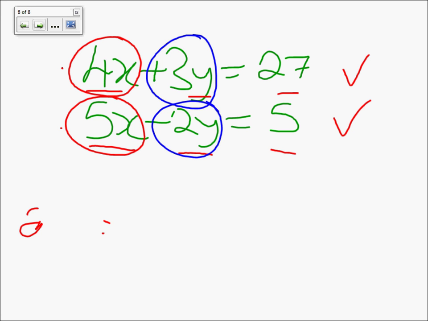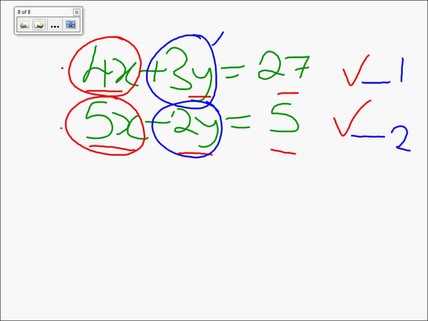Can we do that? I label this as equation 1, this as equation 2. So I'm going to multiply equation 1 by 2 to make this 6.